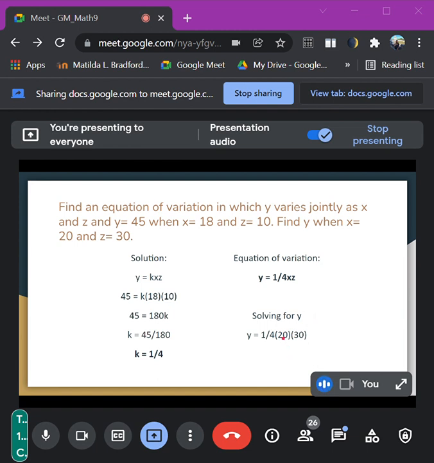So, you have 1/4, and then we multiply by the given x, 20, and z, 30. So, your y is equivalent to 1/4 times 20 times 30.